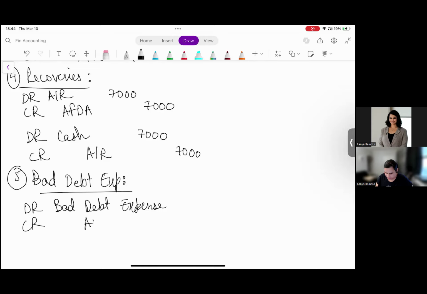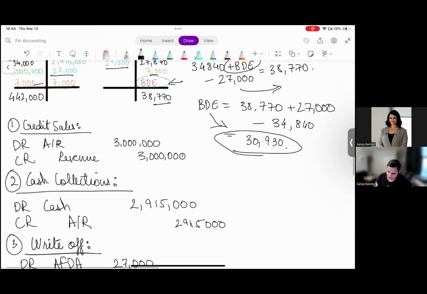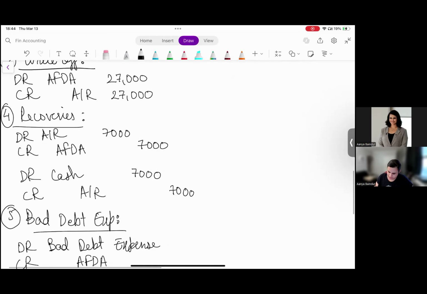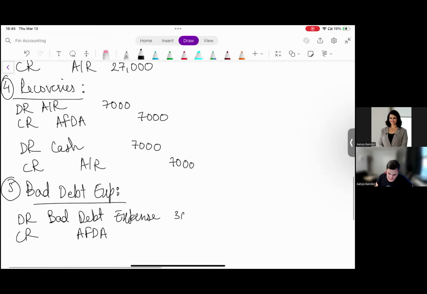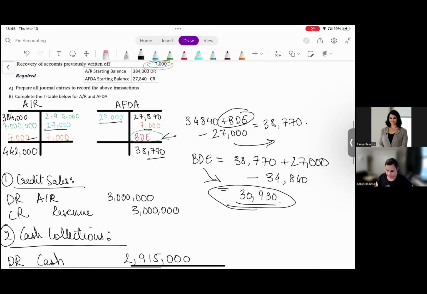We credit allowance for doubtful accounts. And the amount we do that for is the amount we calculated, 30,930. And that's basically this question solved.